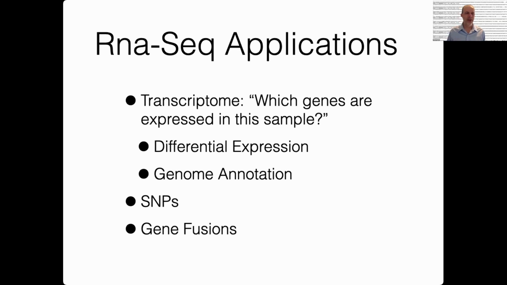And then the most common application for that sort of data is looking at differential expression. So asking, okay, I have sample 1, which is my control, and sample 2, which received some treatment, maybe with a drug.